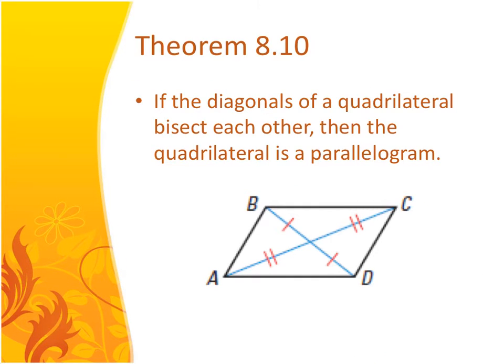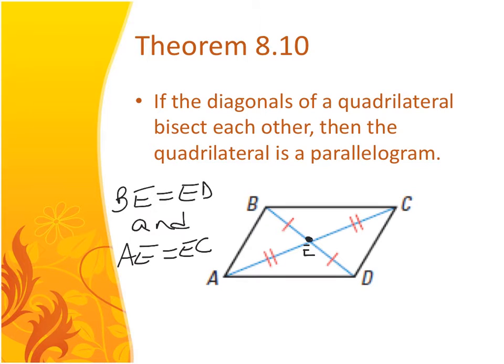Next one, theorem 8.10. If the diagonals of a quadrilateral bisect each other, then the quadrilateral is a parallelogram. So notice if we added another point in here, say point E, what you would state is that BE is equal to ED and that AE is equal to EC.